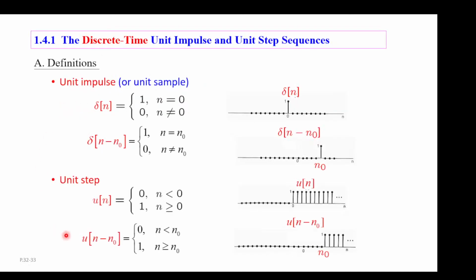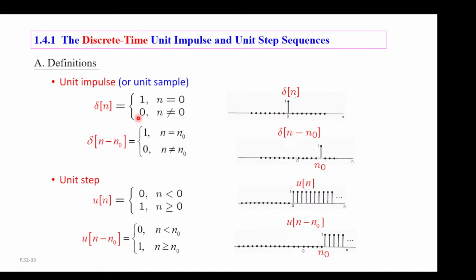They are easier to describe in discrete time, so we start with the discrete version of the unit impulse function and the unit step function. In the discrete version, you can really just write down the definition or draw them out. The unit impulse function is a very simple function, almost one of the simplest functions possible.